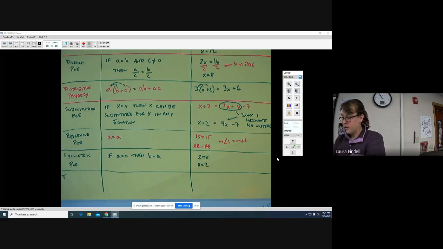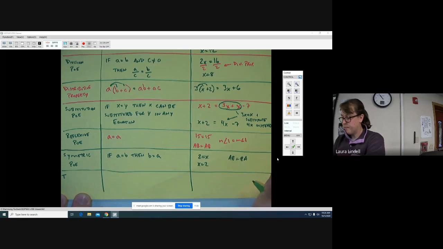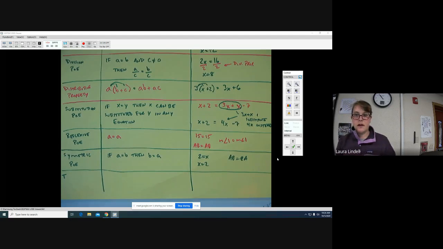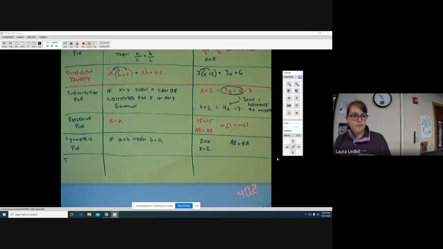It also works for if you're saying like, you have segment AB is the same length as segment BA. Those would all be things that you can justify by the symmetric property. Okay. Last one. Transitive property.